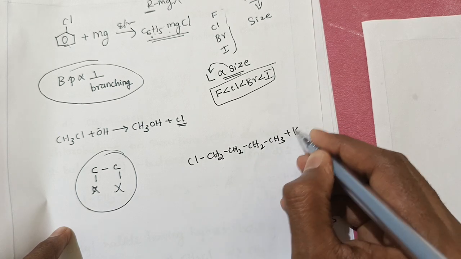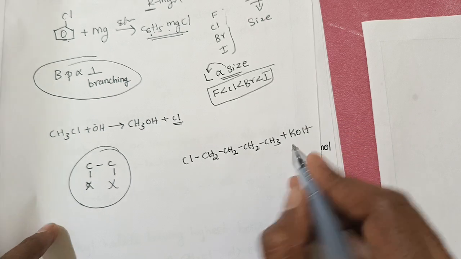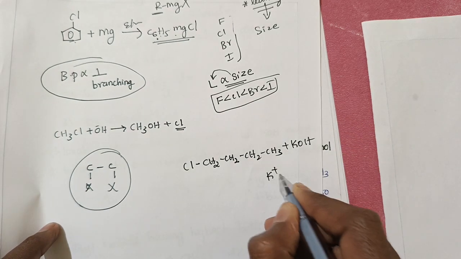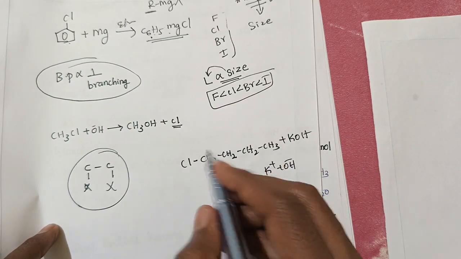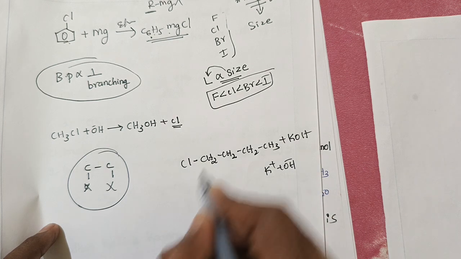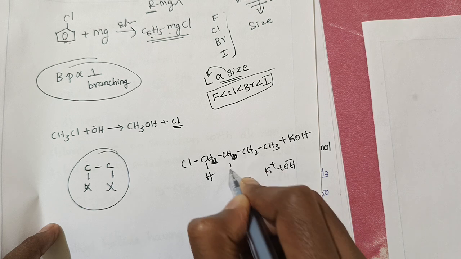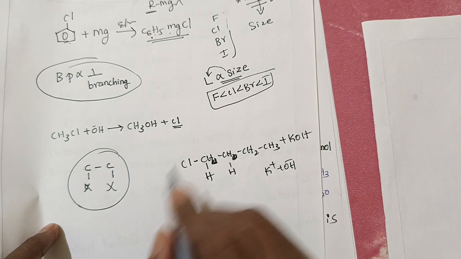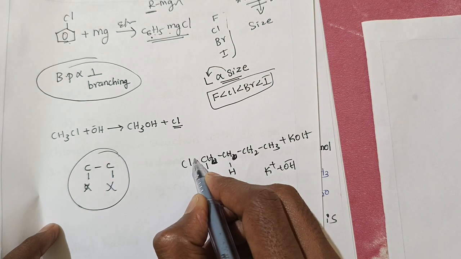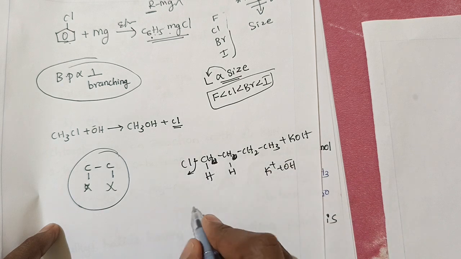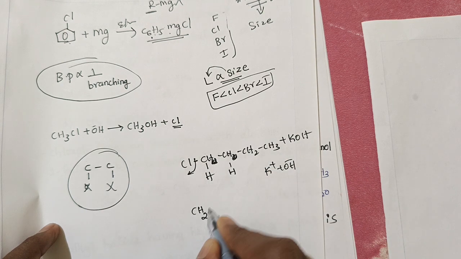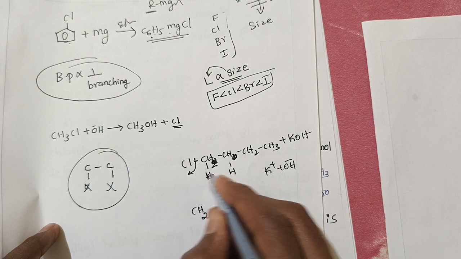So whenever it is reacted with KOH, how do you write KOH? So this is K plus and OH minus. So now from this I will write like this, one H will be like this, here also another H will be like this. So from this chlorine will be removed. So therefore this becomes CH2. Then write CH2.